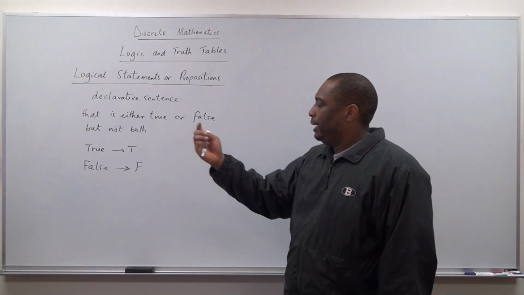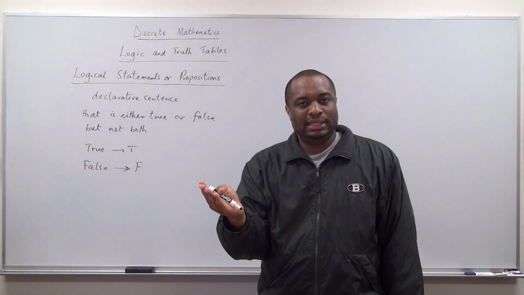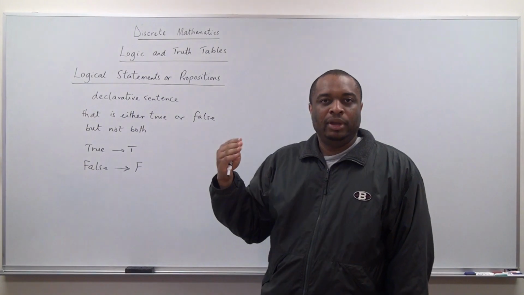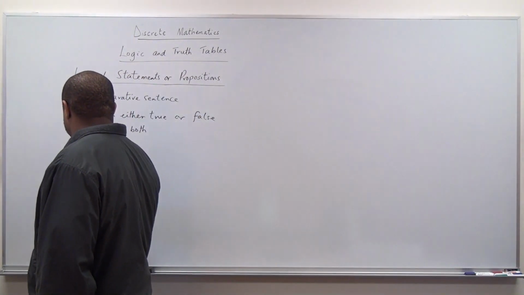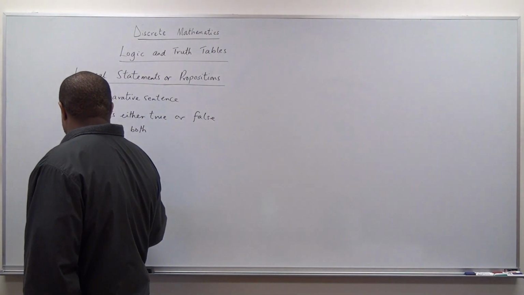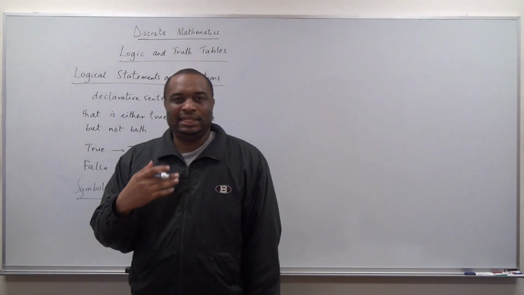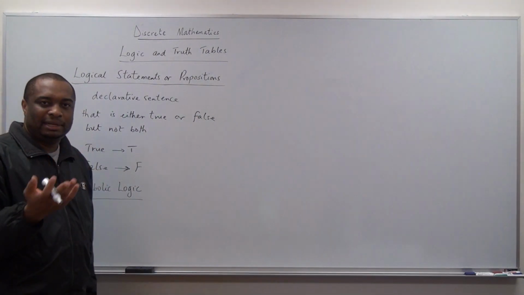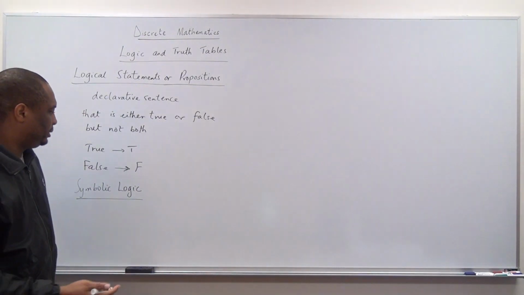Now, how do we illustrate these sentences? In the kind of logic we are going to learn, we see it as what we call symbolic logic. Symbolic logic is the kind of logic whereby you represent statements with letters or alphabets, variables.